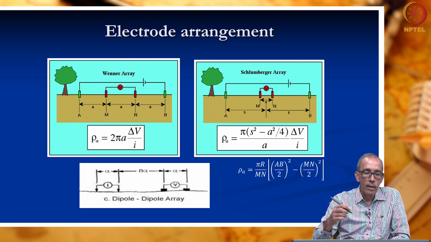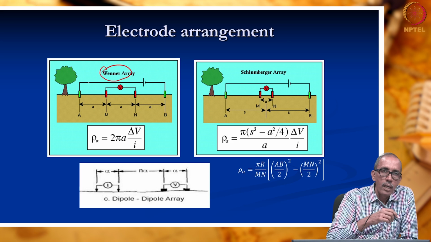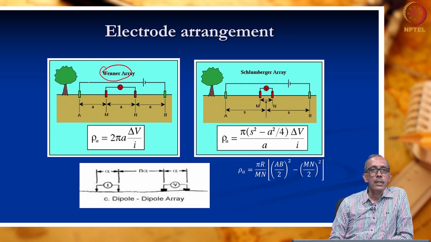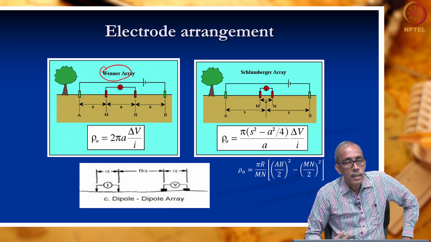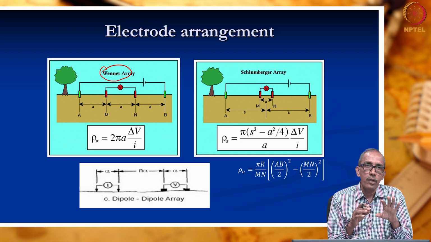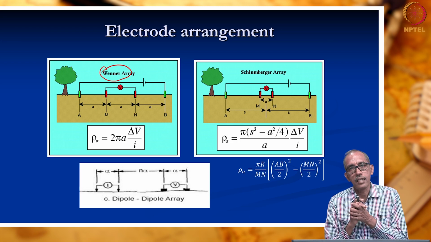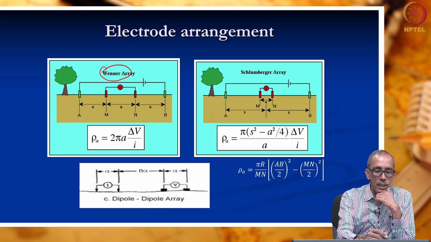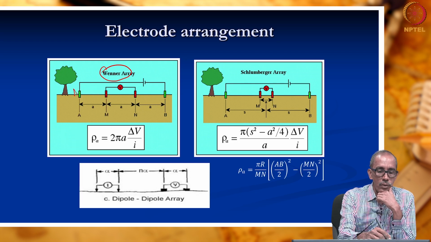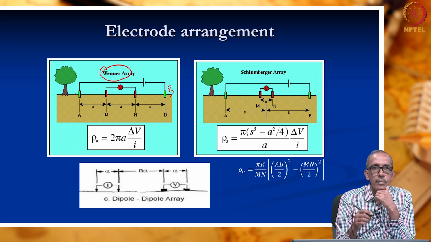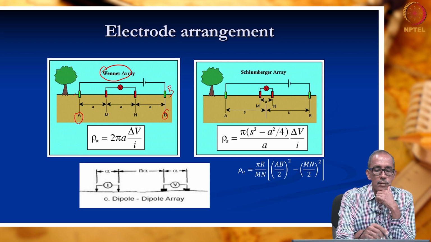First is the Wenner arrangement. According to this person who suggested this method, Wenner, all the four electrodes are kept at equal distance, isn't it? You can look at the picture here. This is the A electrode, B electrode, and in between we have M and N electrodes.